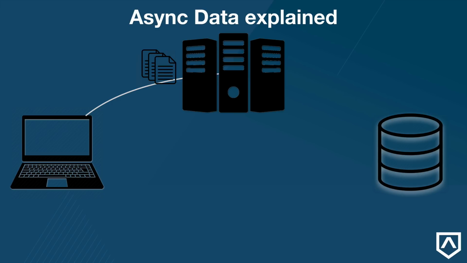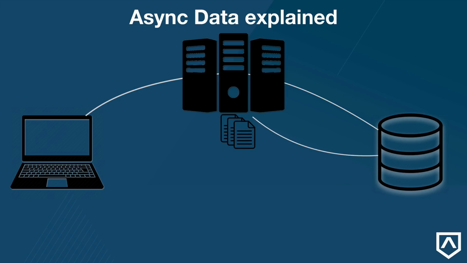So what happens is our client, our web browser, will make that request to another server somewhere. That server will then communicate with a database and say, yes, I have that information, or no, I don't have that information. If it does have that information, it's going to send back the requested data to the server. The server is then going to send that back all the way to our client.